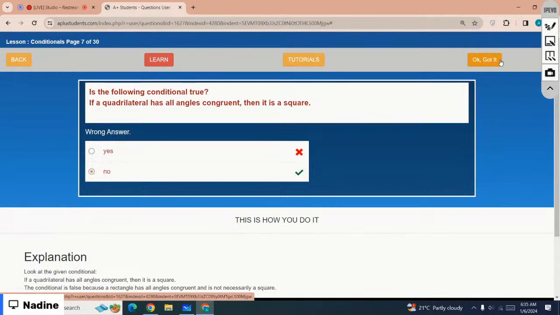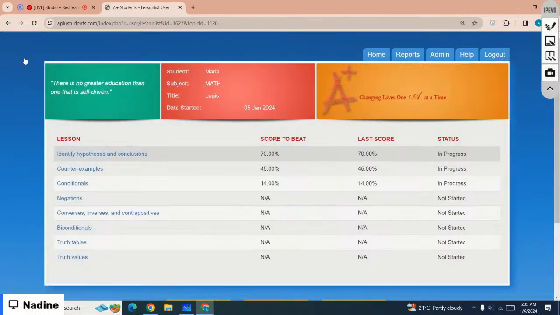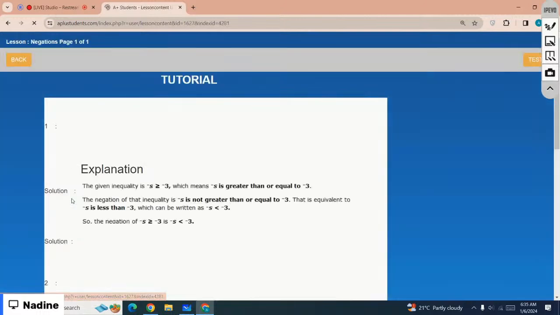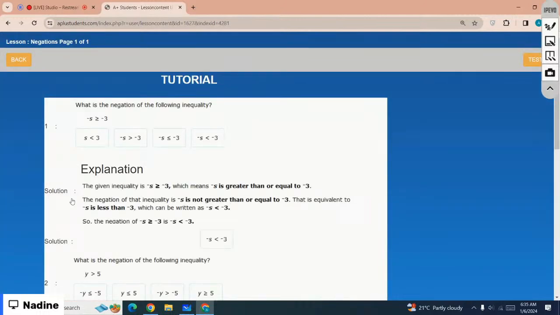Okay, let's just start with the next lesson. The next lesson is negations. Negation means the negative of every sentence. What is the negation of the following inequality?